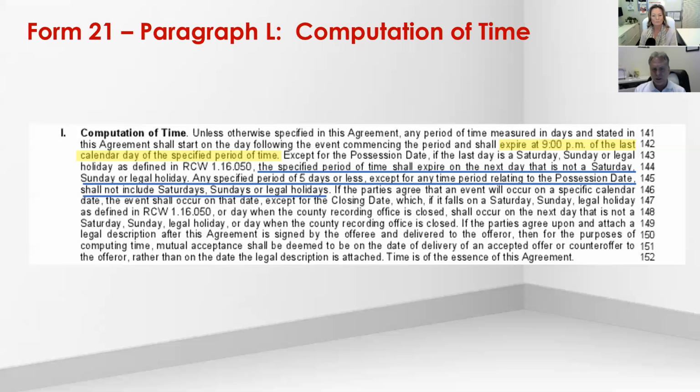And then for any period of time that you're computing of 5 days or less, you are not going to count weekends and holidays. So in effect, a 5-day period for computation of time could easily turn into 7 or 8 days. Easily. But a computation of time of 6 days is exactly 6 days, and will count weekends and holidays.